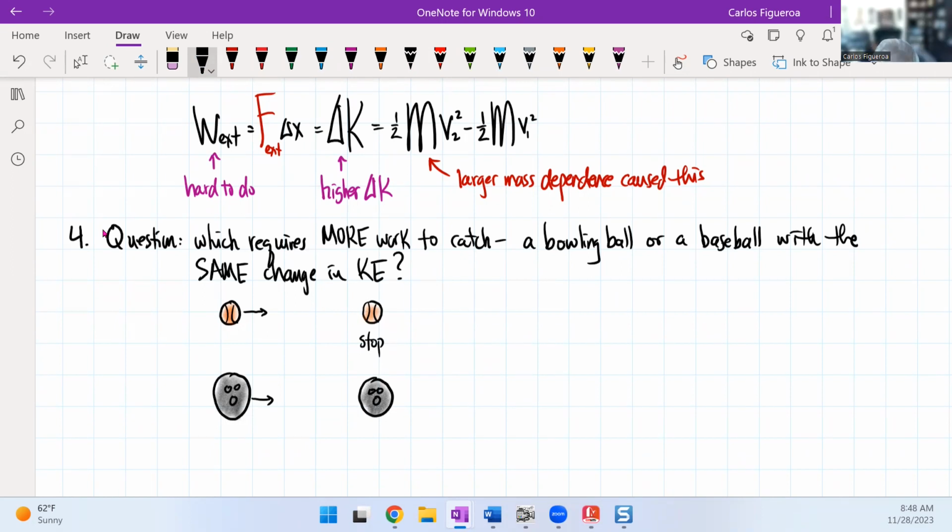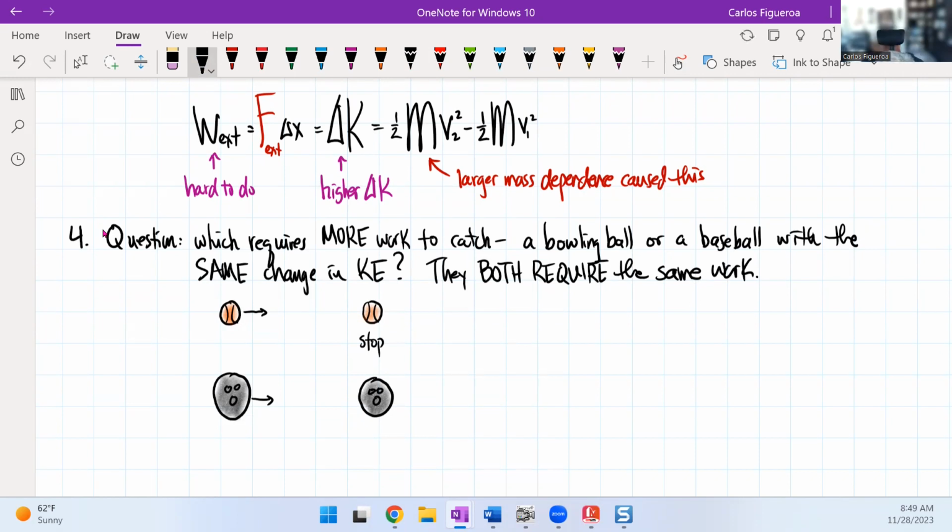So it turns out they both require the same work. And again, there's this language issue. So what actually happens here?